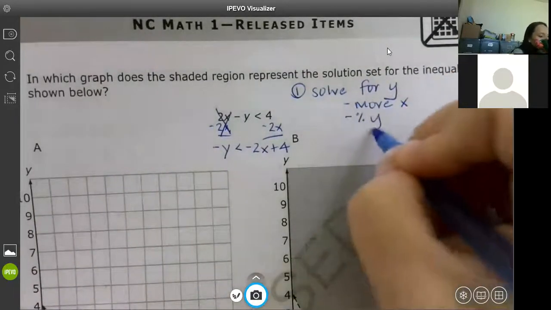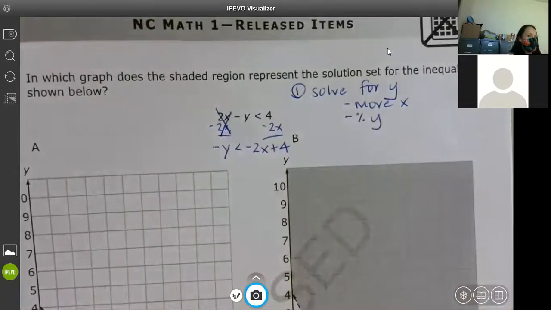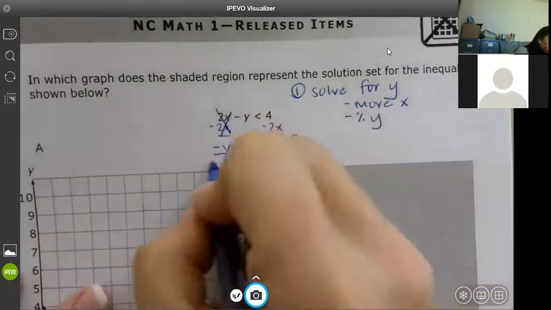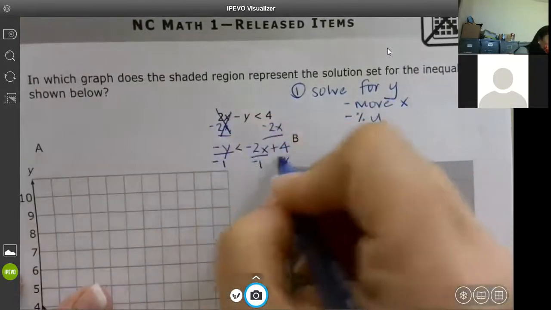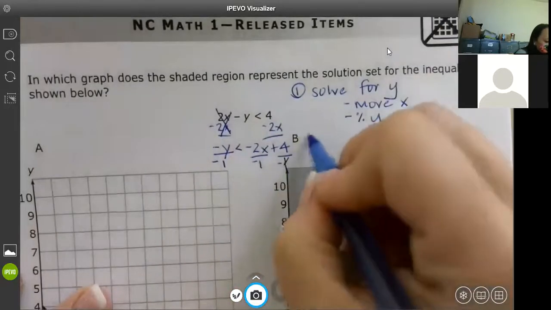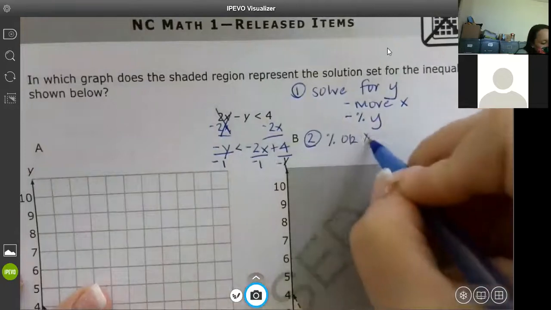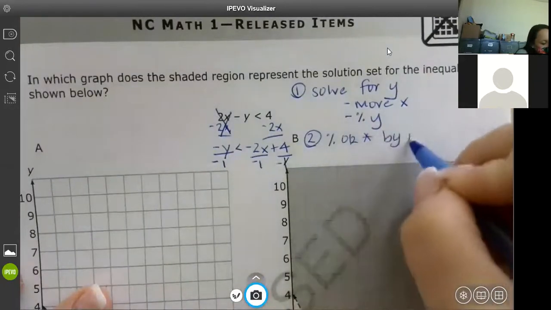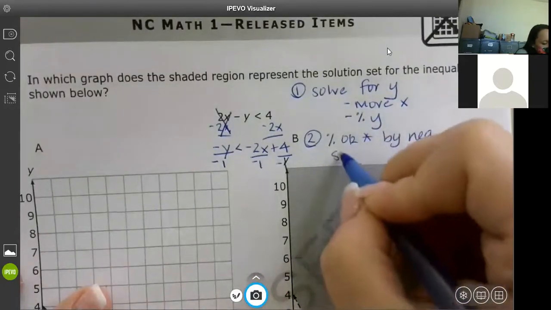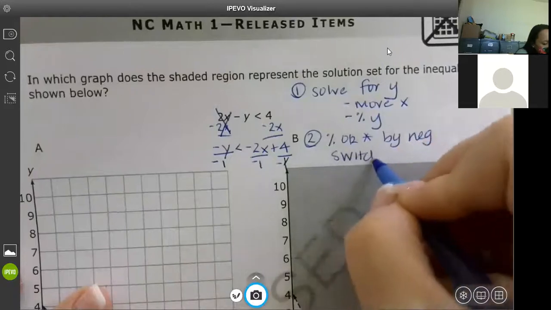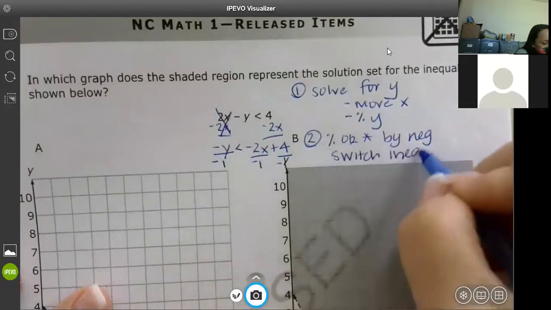And then we divide by y, or divide by the number in front of y. So we're going to divide by -1. But remember, the one thing that we just did, if we divide or multiply by a negative, we have to switch the sign. So switch the inequality.